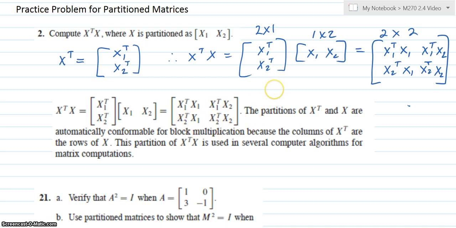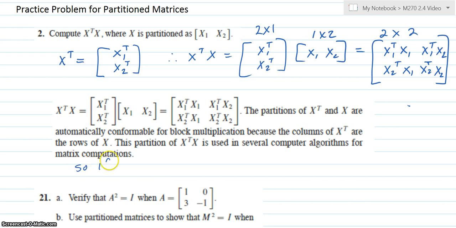And I just wanted to add what they had here. The partitions of x transpose and x are automatically conformable to block multiplication, because you might worry, what if we cannot multiply those? But because the columns of the transpose are the rows of x, you can easily multiply these.